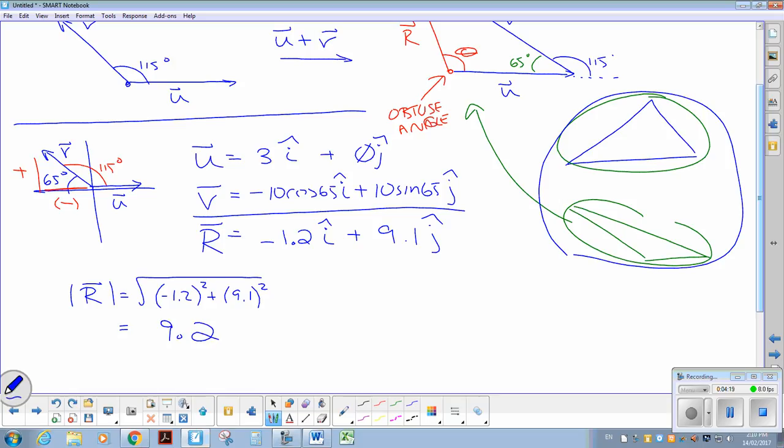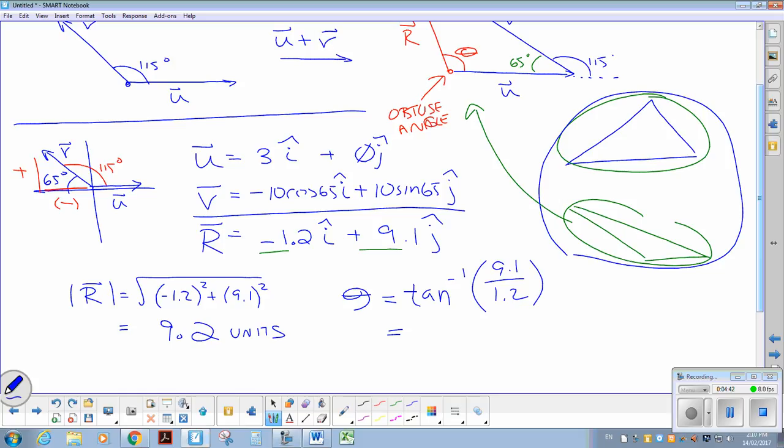I think they have like 11 or something for an answer for the magnitude. It's actually going to be 9.2. And the angle, tan inverse, 9.1 over 1.2. Again, I don't need to put the negatives in because I know I want my angle to be between 0 and 90 because I know which direction it's already facing.